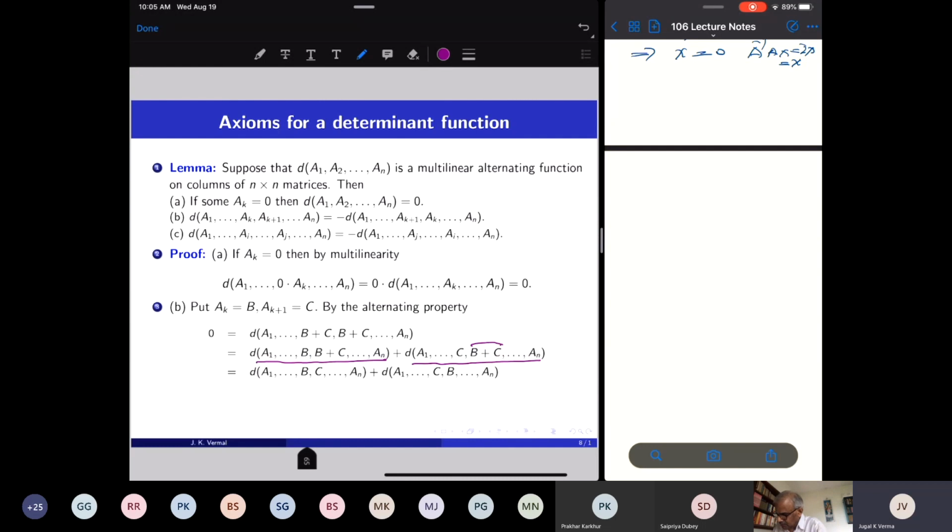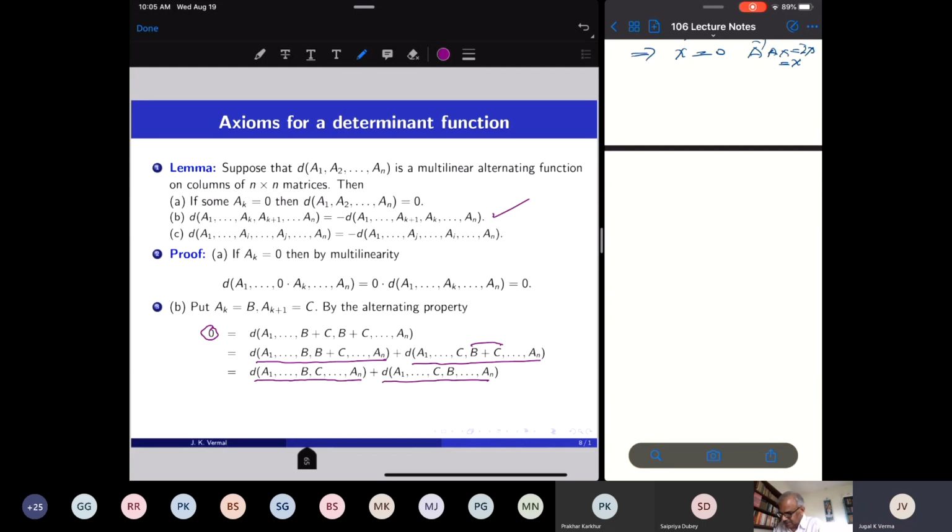So out of those four terms, using the alternating property, I just get that D(A1, ..., B, C, ..., An) plus D(A1, ..., C, B, ..., An) is equal to 0. That shows that when I interchange two adjacent columns, I acquire a negative sign.